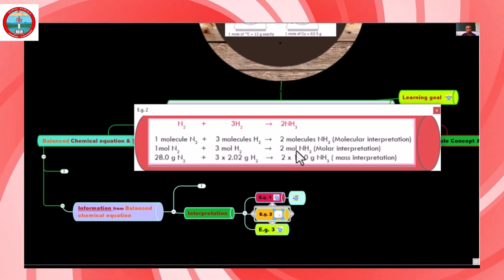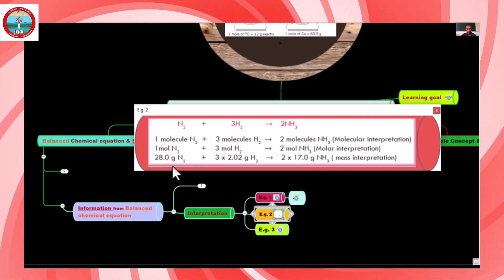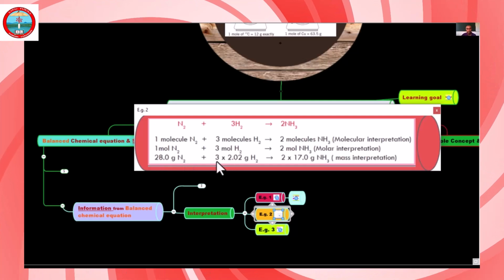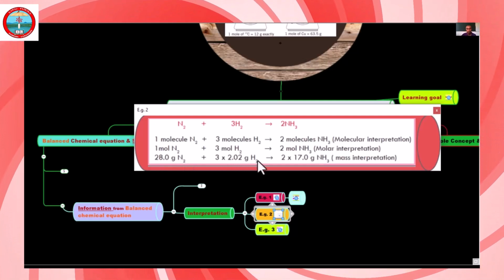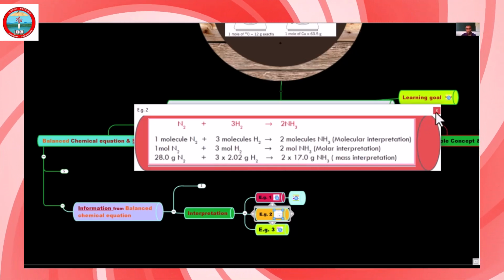Similarly, for mass interpretation, we can say that 28 grams of nitrogen will react with 3 times the molecular mass of hydrogen to produce 2 times the molecular mass of ammonia. This is the second example.